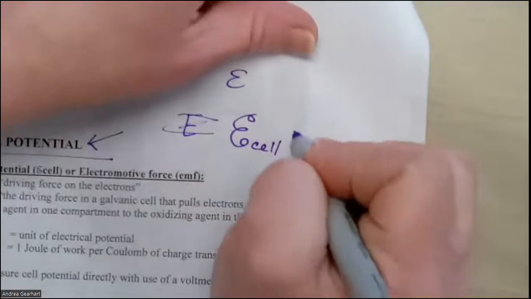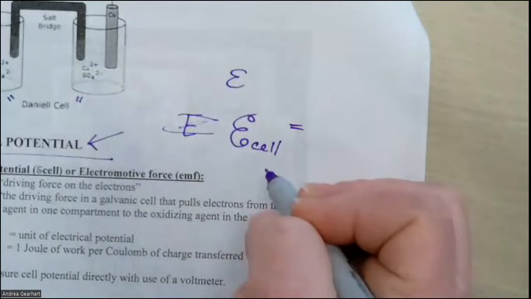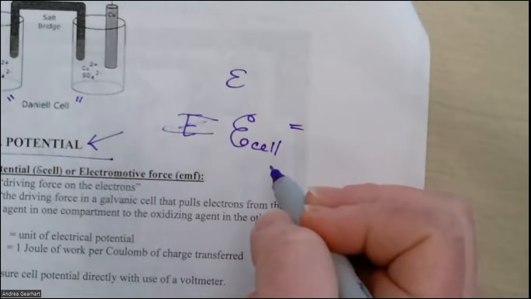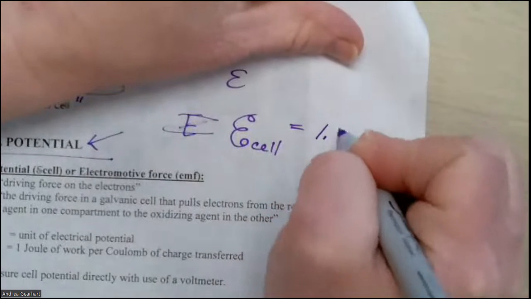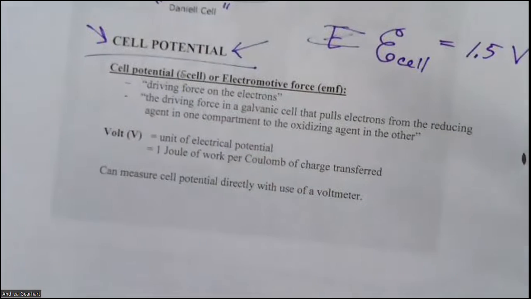So for example, a AAA battery, a AA battery, has an electromotive force or a cell potential of 1.5 volts.